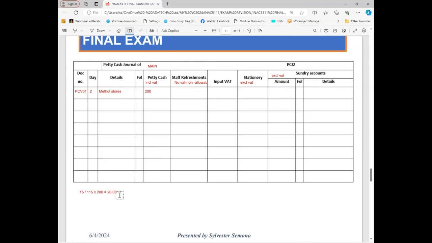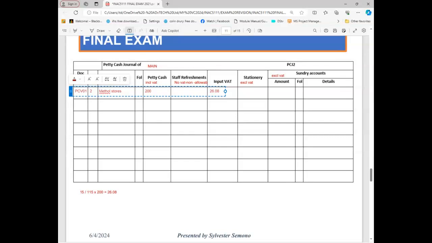Can you see now? 26.08 is my VAT, as you can see here. This is my VAT. So I'm going to go ahead and put it under VAT input. Same procedure as you can see. VAT input, and then the difference between the two will be repairs and maintenance.